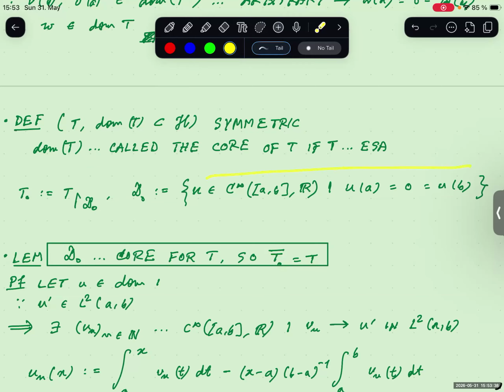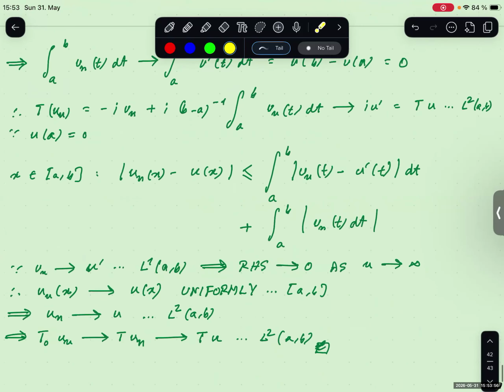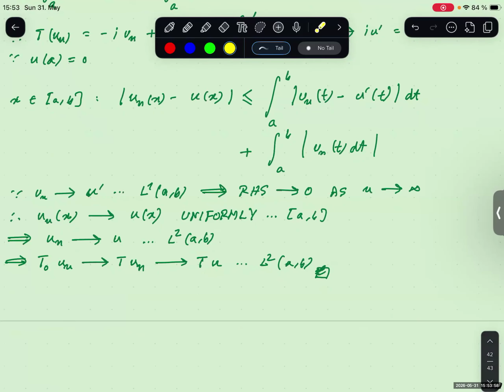And as you know, the closure of an operator is nothing but the closure of the graph, right? So that ends what we want to do. At least one very concrete example of how you compute the domain of an adjoint and how you show some operator is self-adjoint, in this case, essentially self-adjoint.